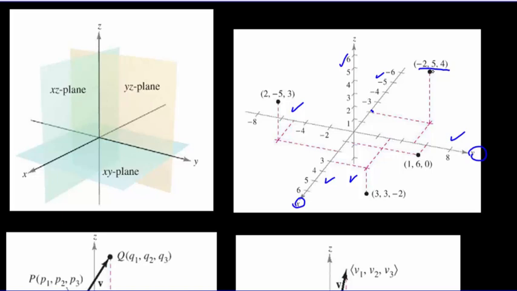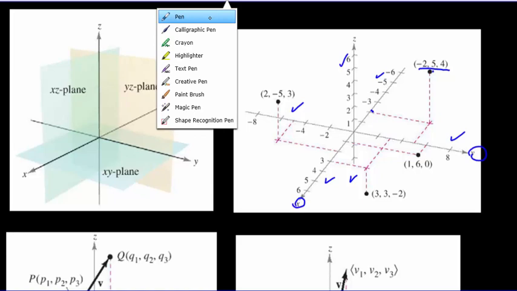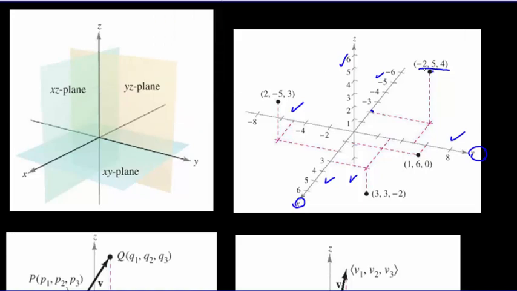Now, we're not going to get too involved in the plotting of these points. While we're talking about vectors, let's just go ahead and throw in the third dimension. So we've got this -2, 5, 4 here. Well, you could easily say we could talk about a vector going out where that's the terminal point.